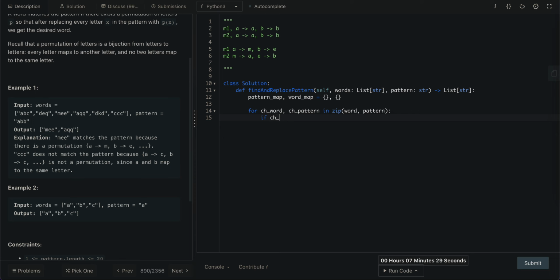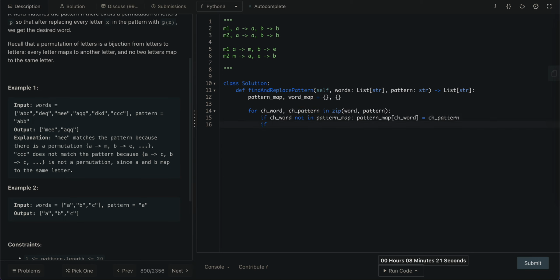If ch word is not in the pattern map, then add ch word to the pattern map, and pattern map of ch word is going to be ch pattern.